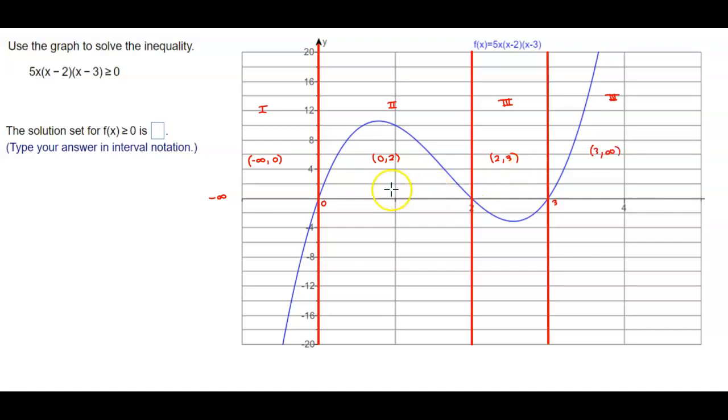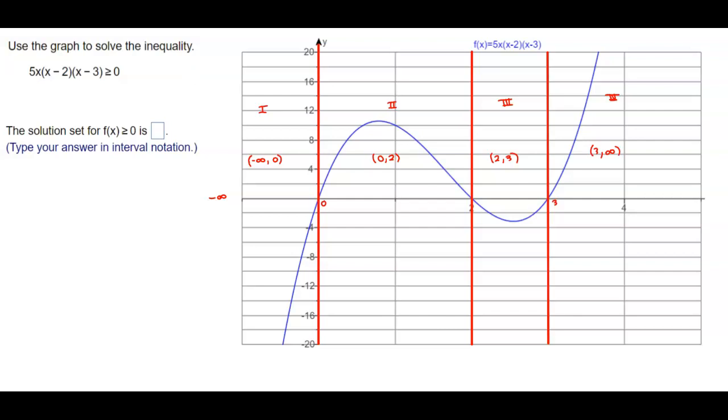Now we need to determine where this function is greater than or equal to 0. It's greater than or equal to 0 when the function is above the x-axis.